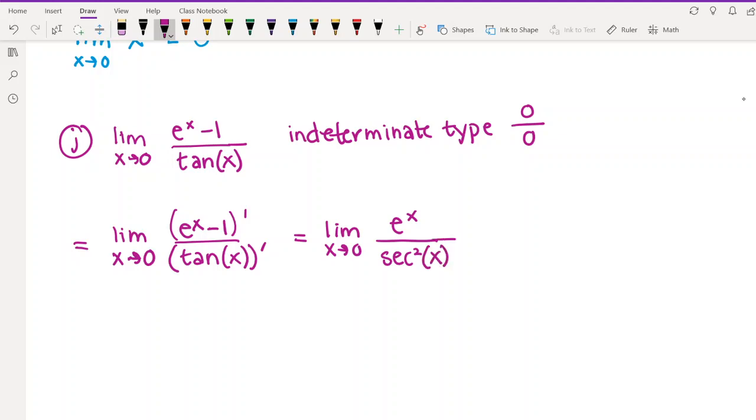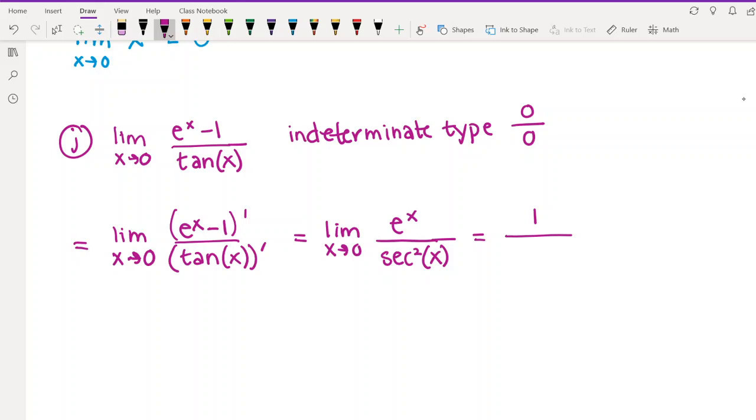So now let's try to plug in 0 again, and we'll see either we'll get a number, which means, okay, great, then we have our answer, or if we get 0 over 0 again, then that tells us we have to use L'Hopital's rule again. So what do we get if we plug in 0 for e to the x? We get e to the 0, which is 1. And then what about secant squared of 0?